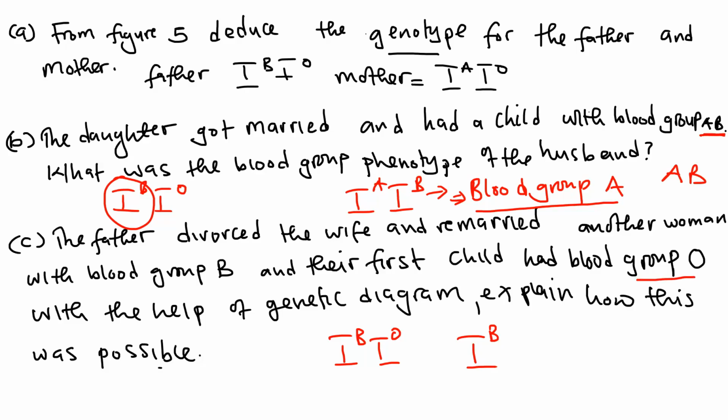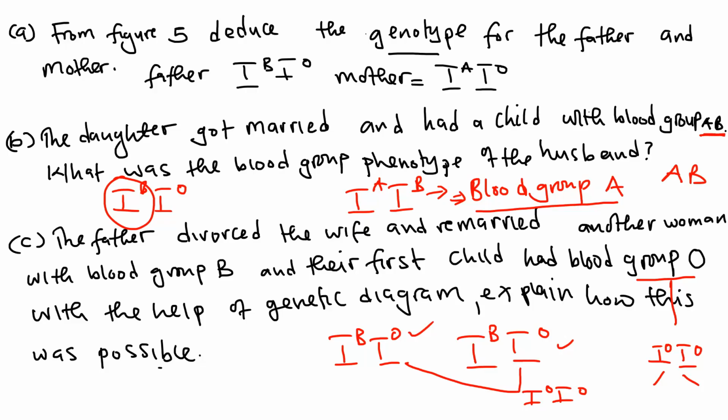The child had blood group O. If the child had blood group O, which means one allele from the father, one from the mother, the mother also contributed the allele which is O. And that can be possible if she's heterozygous blood group B. If she's heterozygous blood group B, then she would contribute B or O and have a child who is O. Okay, so that is the possible genotype. So the genotype of the wife was this, and the father of the child was this.